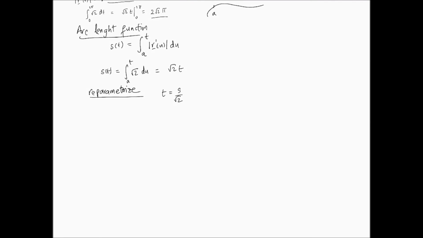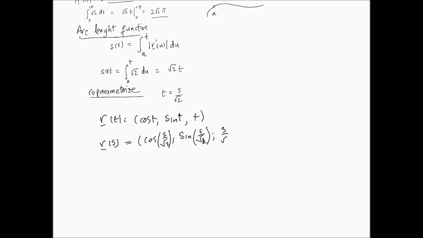Just to remind you, we had r of t was cos t, sin t, and t. So now, under this reparametrization, r of s as a function of arc length is in fact cos of s over √2, sin of s over √2, and s over √2.